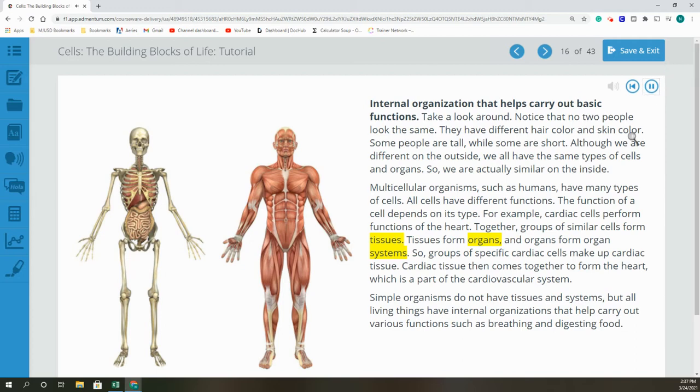Multicellular organisms, such as humans, have many types of cells. All cells have different functions. The function of a cell depends on its type. For example, cardiac cells perform functions of the heart. Together, groups of similar cells form tissues. Tissues form organs, and organs form organ systems.